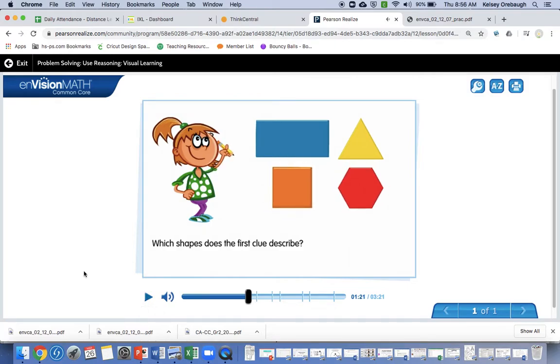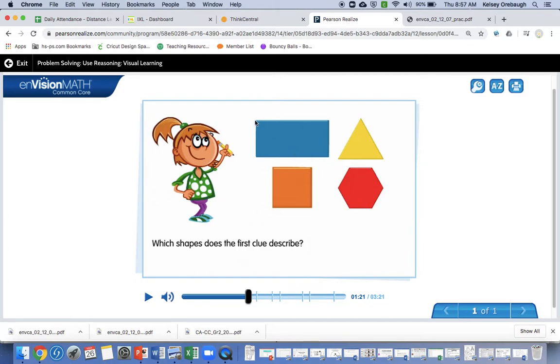Okay, so basically what that question is asking us, which shapes do not have fewer than 6 sides, okay? So we can cross out any shapes that don't fit that clue. So let's look here at all the shapes. We see we have a rectangle, a triangle, a square, and what's this guy called? 6 sides is a hexagon.